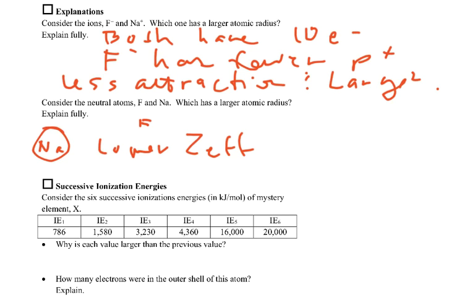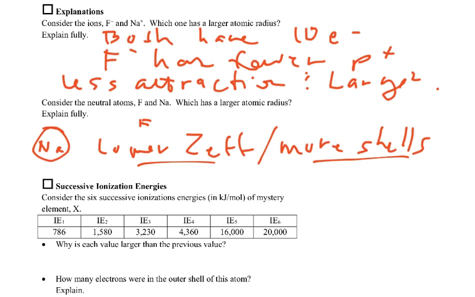The Z effective for sodium is going to be +1, whereas for fluorine it's going to be +7, very high. And it has more shells. Sodium has valence electrons in the 3s, whereas fluorine's valence electrons are in the 2p. So more shells makes it larger, and the lower Z effective pulls those in less.